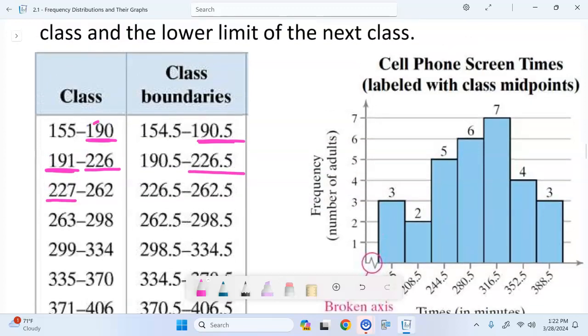So often we're adding 0.5 to the upper class limit to get the upper class boundary, and that makes the lower class boundary for the next one. Notice how these are the same. The upper class boundary of one is the lower class boundary of the next. To get the lower class boundary of the first, we go 0.5 in the other direction. So we subtract 0.5 from 155 to get the lower class boundary of 154.5.